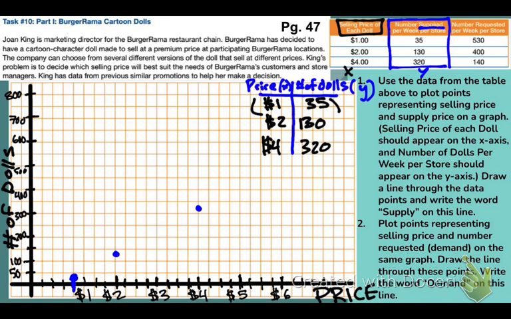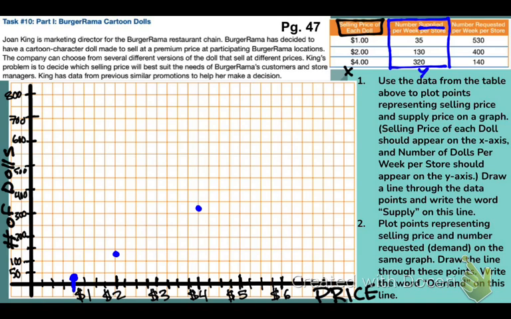Is that enough to draw a line? Yeah, that's plenty to draw a line. I'm going to remove my table. And I can draw a line all the way through.